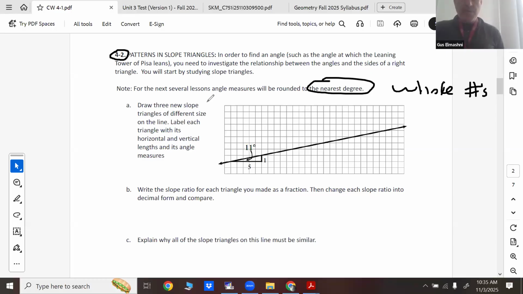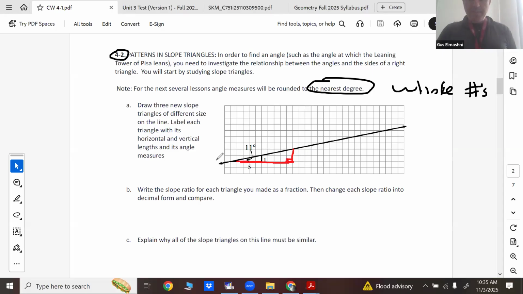Draw 3 new slope triangles of different size on the line. Label each triangle with its horizontal and vertical lengths and its angle measures. Okay. So you could actually, if you wanted to, I didn't have to go 5 right and 1 up. Could I have done this? Okay, look what I drew in red.